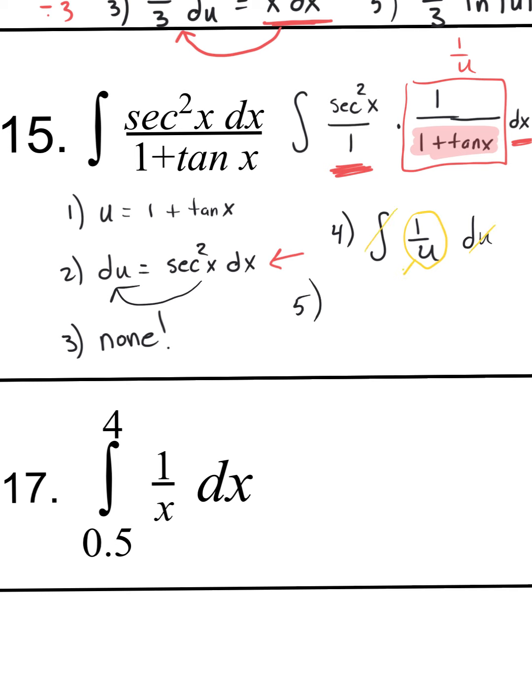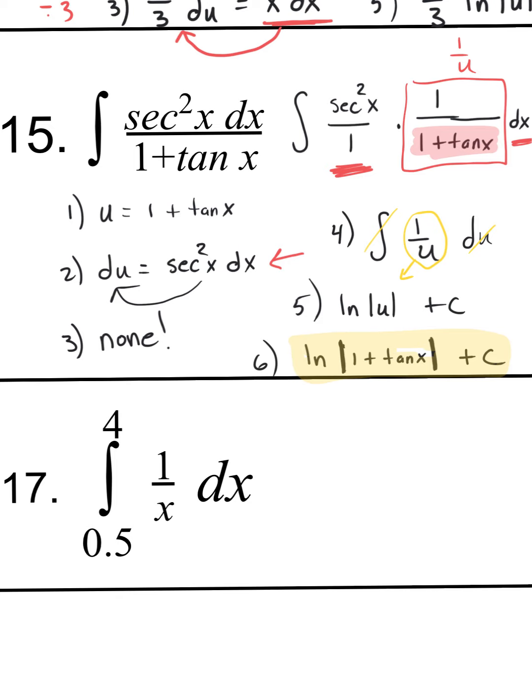The antiderivative of 1 over u is ln absolute value of u plus c. And then plug in: ln absolute value of 1 plus the tangent of x plus c. There we go. And I could even make my absolute value bars a little bit darker. There you go. Final, best, full credit answer.